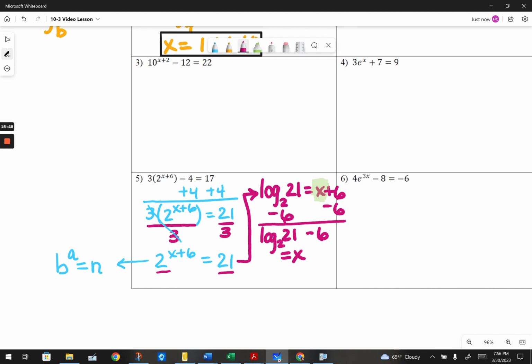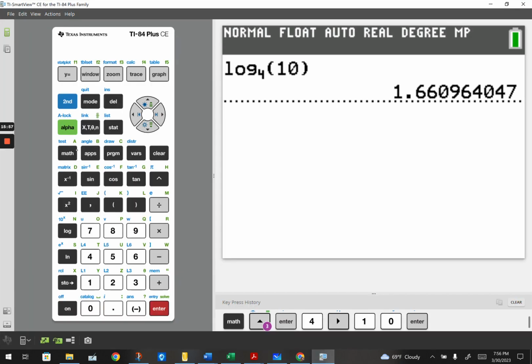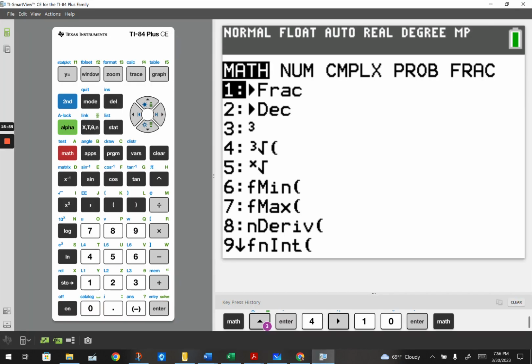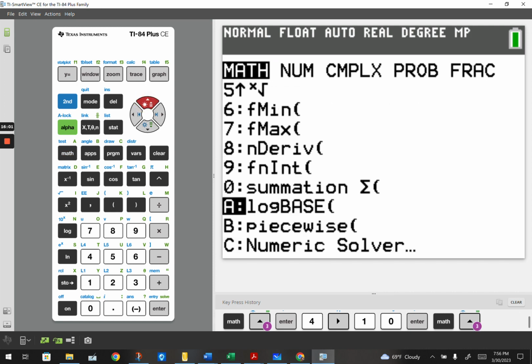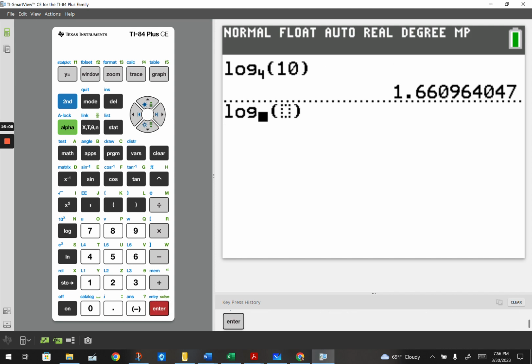So let's go to our graphing calculator to type this out. Log base 2 of 21 minus 6 equals x. Let's go over here. I'm going to press math again. I'm going to arrow up. Went a little too far. I'm going to hit enter, and I'm going to type in, what was it again? Log base 2 of 21.